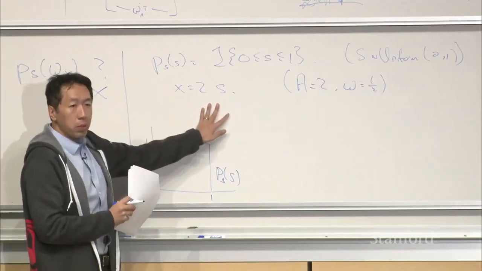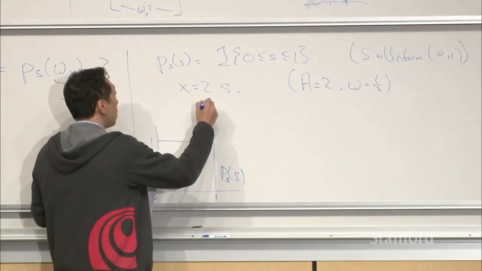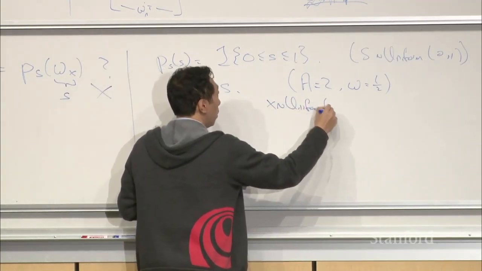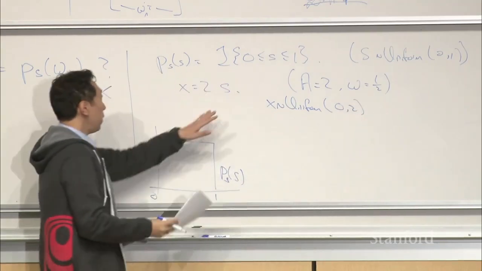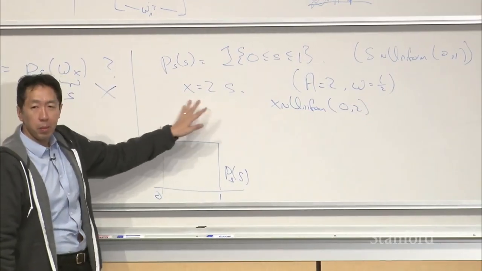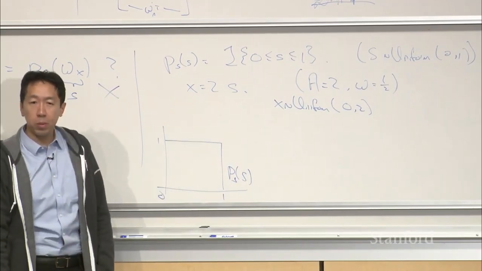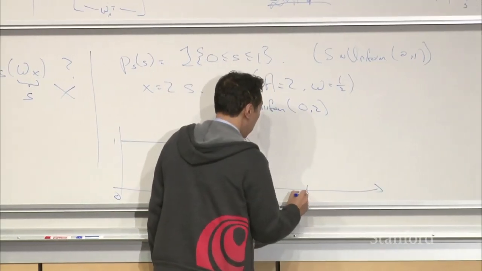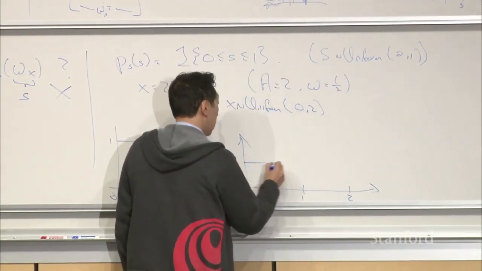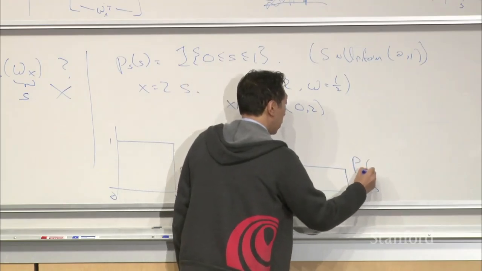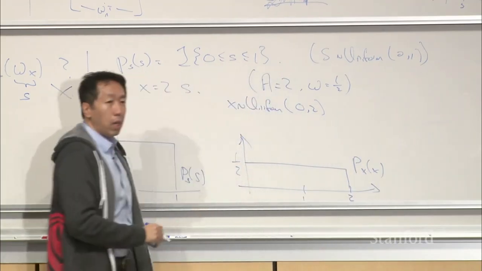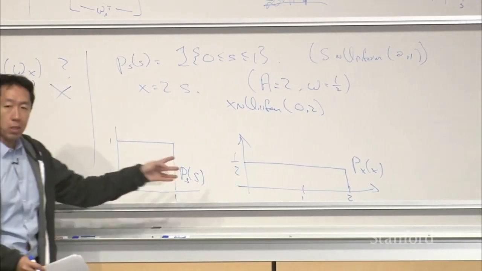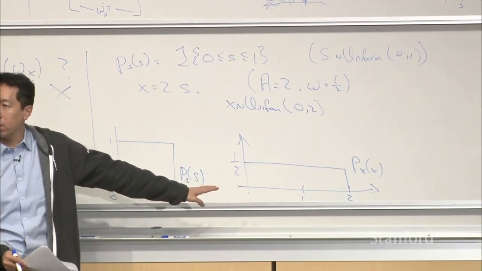And if x is equal to 2 times s, then x is distributed uniformly from 0 to 2. Because if s is uniform from 0 to 1, you multiply by 2, x is distributed uniformly from 0 to 2. And so the density for x is equal to this, 1/2. It's now half as tall because probability density functions need to integrate to 1. So this is a uniform from 0 to 2 probability density function.